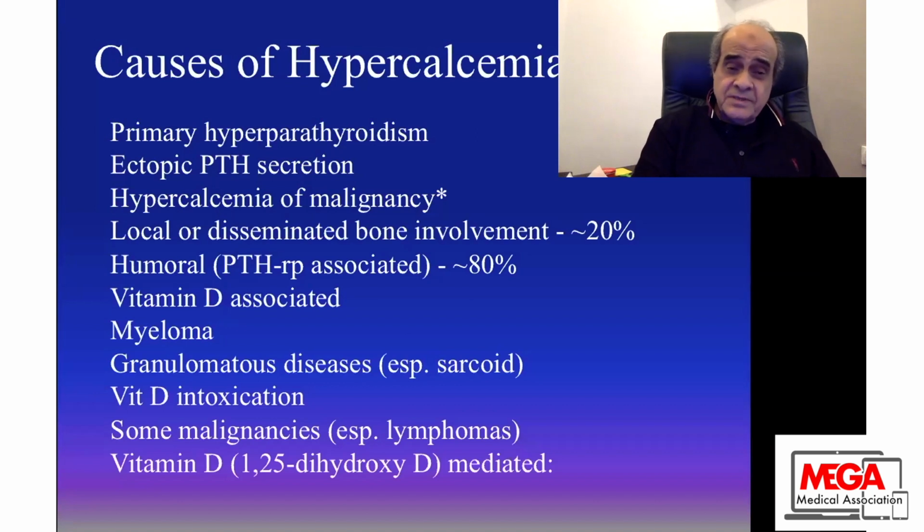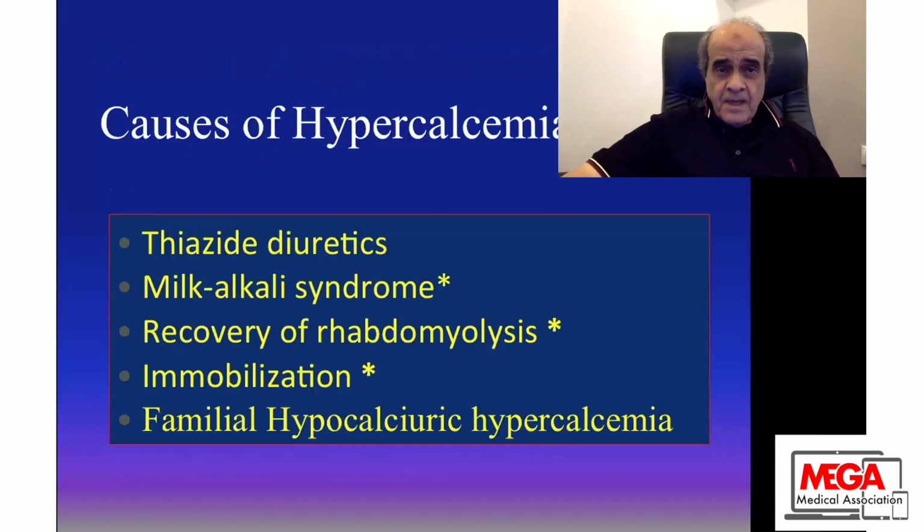Vitamin D intoxication, some malignancy like lymphoma, 1,25 dihydroxyvitamin D, all this can cause hypercalcemia. Thiazide diuretics also, or milk alkali syndrome, and we don't forget this patient is taking some calcium carbonate. He is suffering from reflux, and I think he is suffering from heartburn, and so maybe milk alkali syndrome. Maybe recovery from rhabdomyolysis or immobilization in ICU, common to see hypercalcemia in our patients due to immobilization, or familial hypocalciuric hypercalcemia. You find low calcium in urine and high serum calcium.